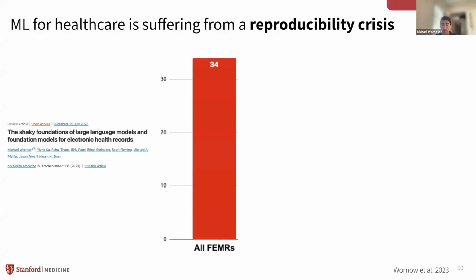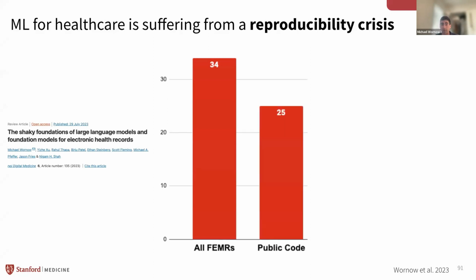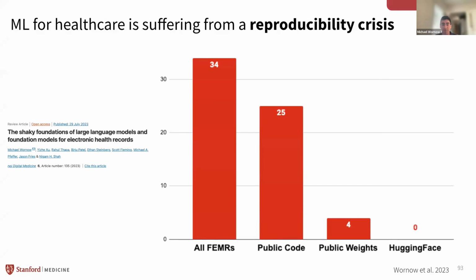Of the 34 that we found, only 25 released their code publicly. So this is just bare minimum GitHub repo. Can I see the code that someone ran for this paper? Of those 25, only 4 released the weights of the model. And of those released weights, none of them were accessible via common machine learning libraries like Hugging Face. So it's almost impossible to build off the findings of other researchers or to simply validate that someone's model does what it says it does.